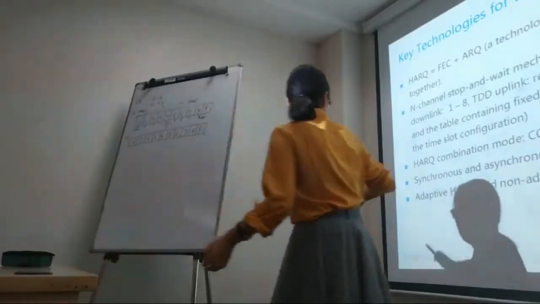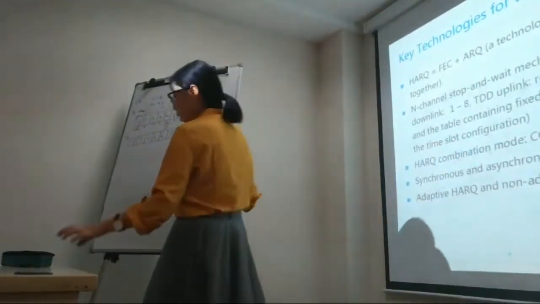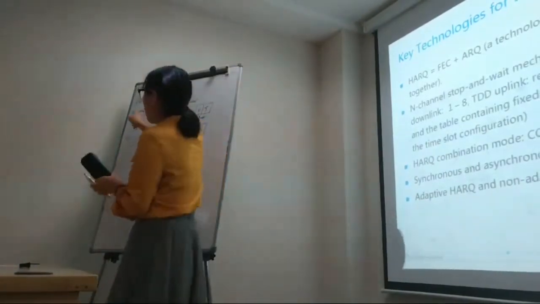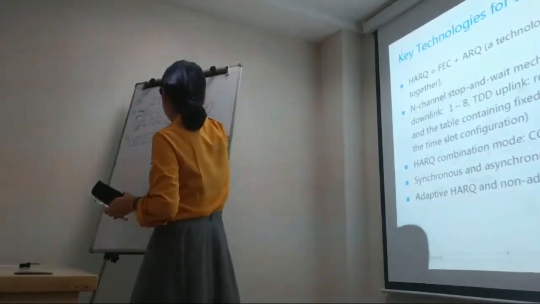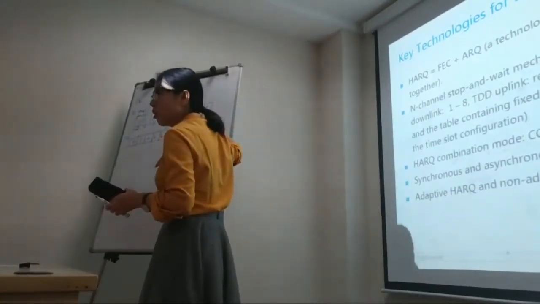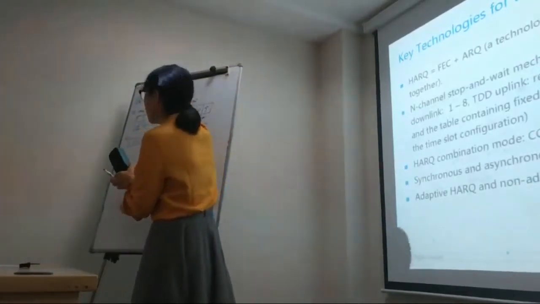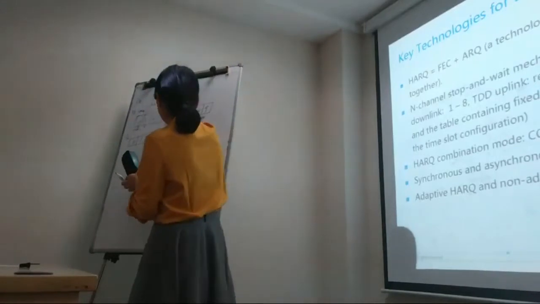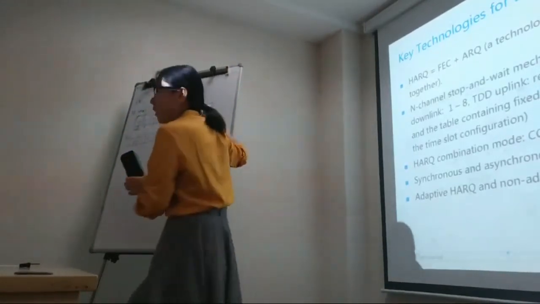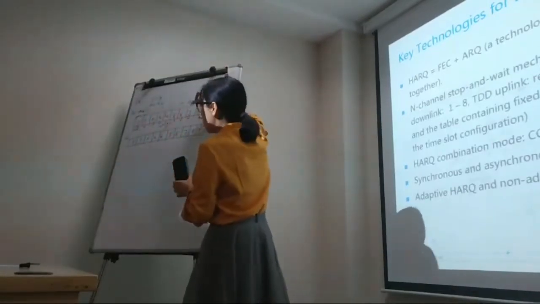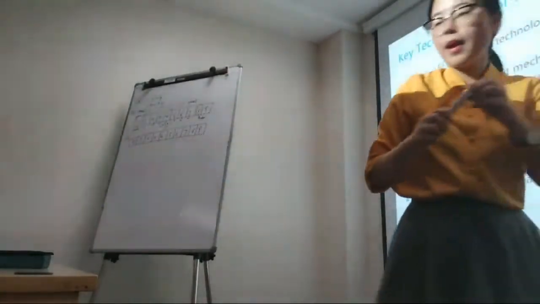But for asynchronous, for synchronous, the first data is transmitted, I give a feedback, and the new data is transmitted at 8. But for asynchronous, it doesn't matter whether I feedback or not.